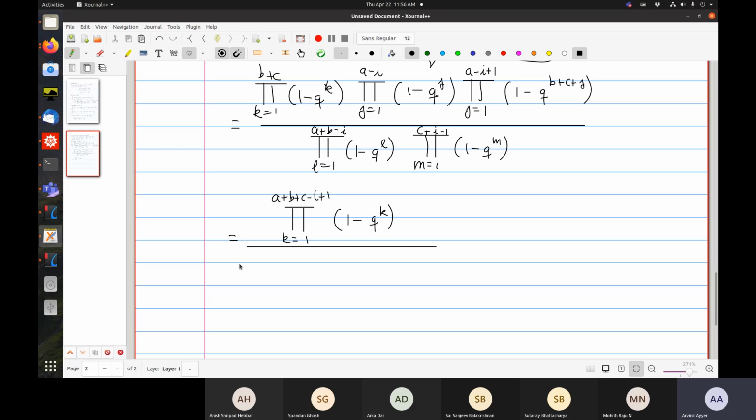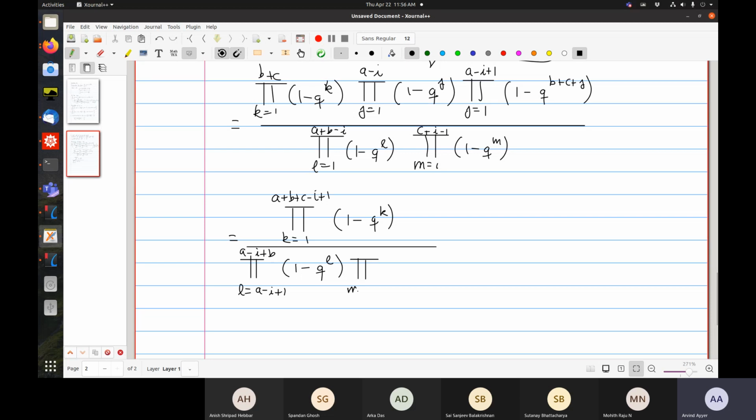So this is product L equals a minus I plus 1 to a minus I plus b, 1 minus q bar L. And the M term is still unchanged.